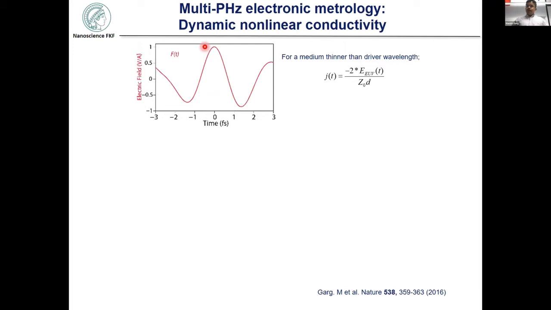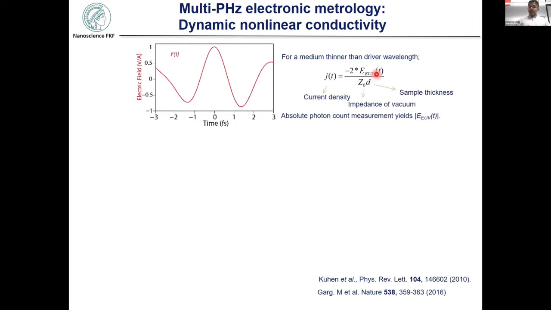For a medium which is very thin compared to the driving wavelength, here the driving wavelength is around 600 nanometers and the thickness of our film is around 100 nanometers, the current density that you induce in these solids will be just proportional to the field of the EUV pulse.